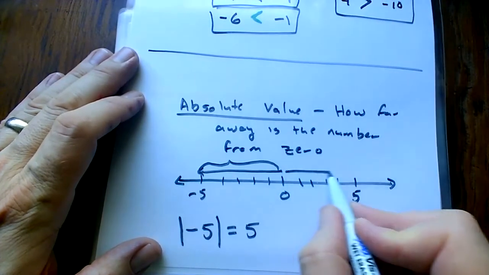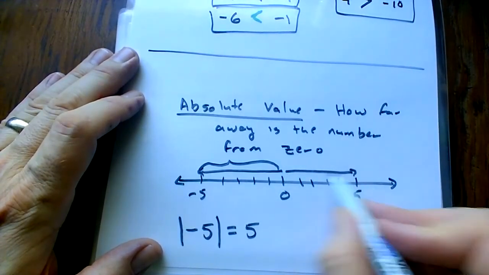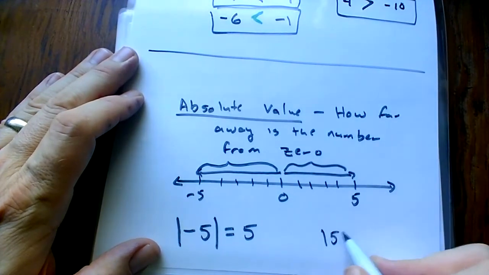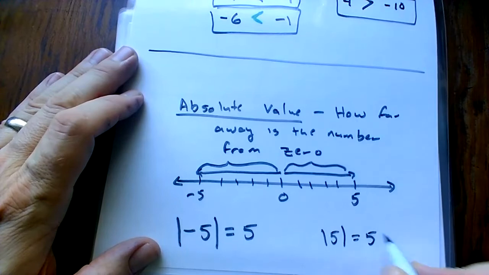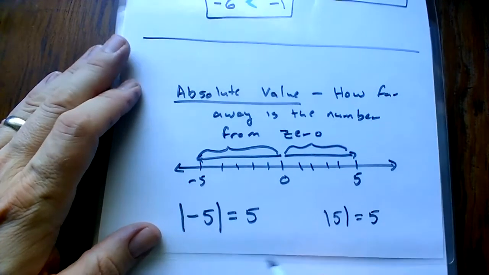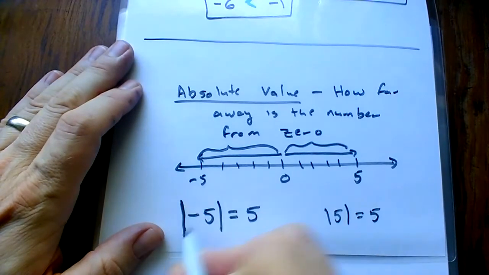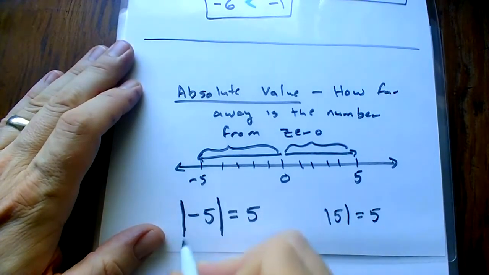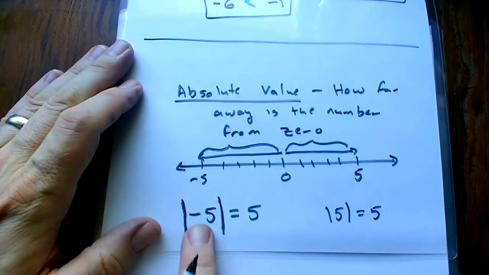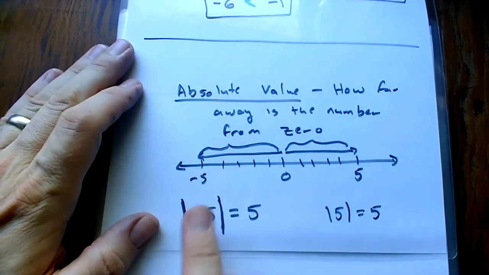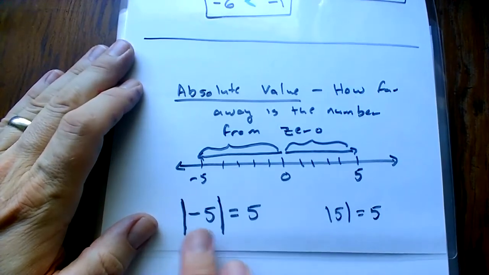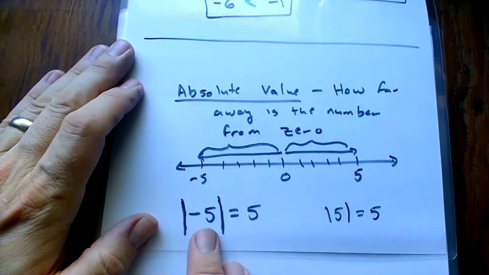Doesn't matter that this is moving to the right, I only care about the length of this segment. So the absolute value of 5 is still 5. And this notation of putting a number in between pipes usually says you're going to evaluate what's inside here first. It doesn't matter if it's positive or negative, it just says how big is this number? This is 5 large.